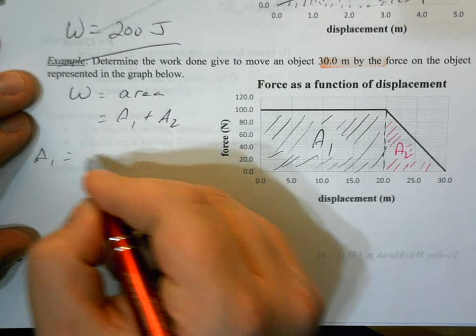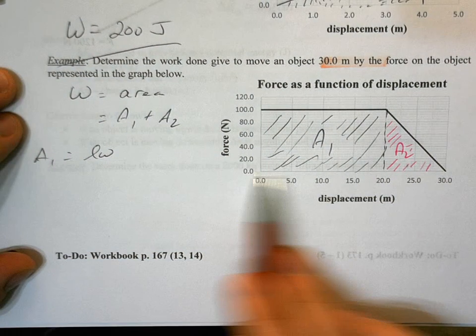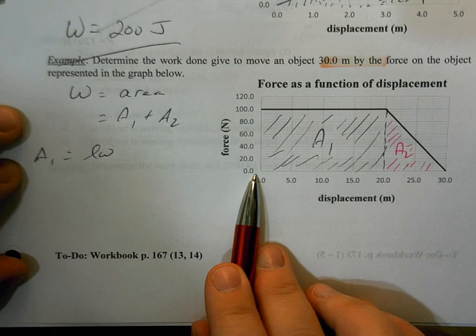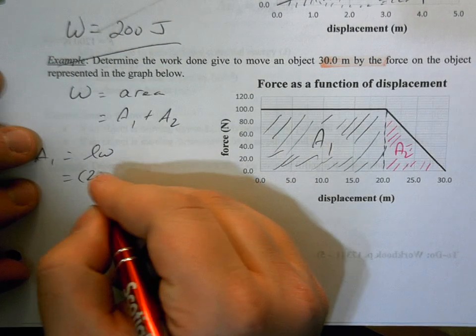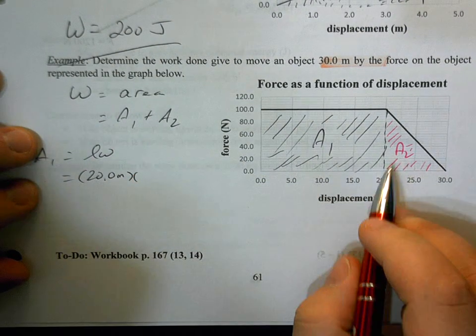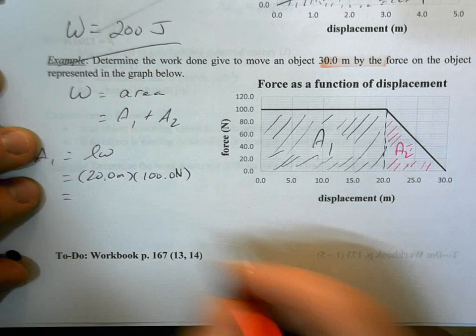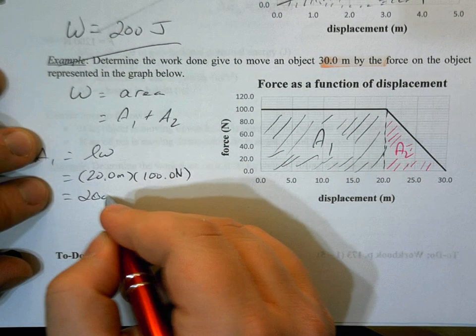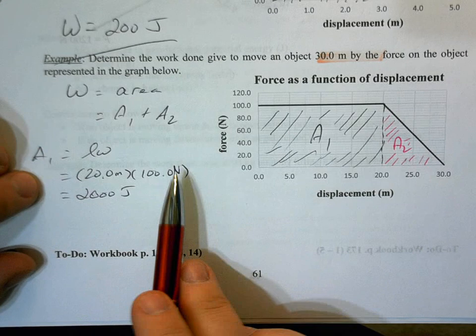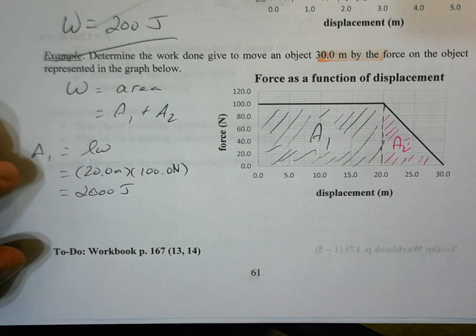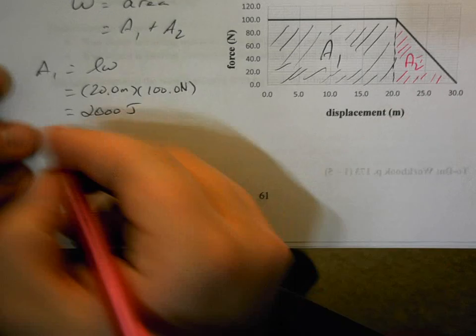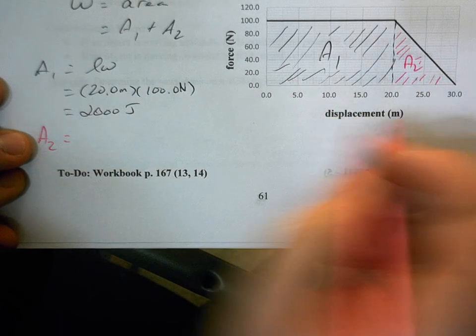A1 being a rectangle, we'll just do the length times the width. This has a length of 20 meters and a width of 100 newtons. So 100 times 20 gives 2,000 joules, because newton times meter gives us joules. The second area is a triangle.